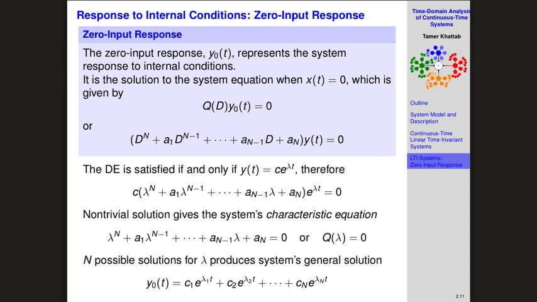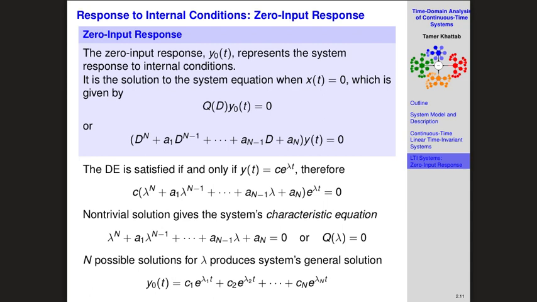Now let's focus a little bit on calculating the 0 input response, and this is the last thing that we will discuss today. So 0 input response, we call it y0 of t, to differentiate that from the total response, which is y of t. As we mentioned, to calculate that, you simply set the input to 0, so you are trying to solve this differential equation.